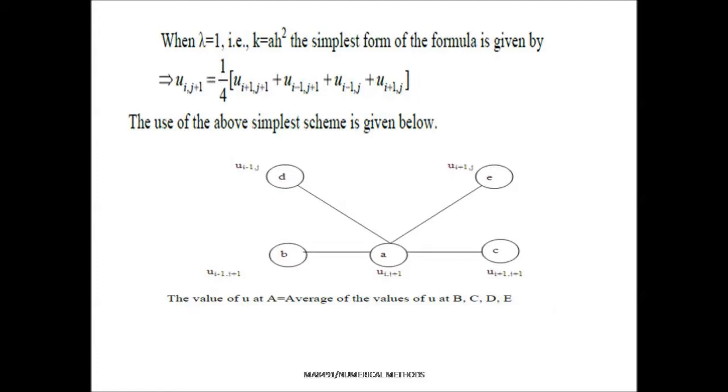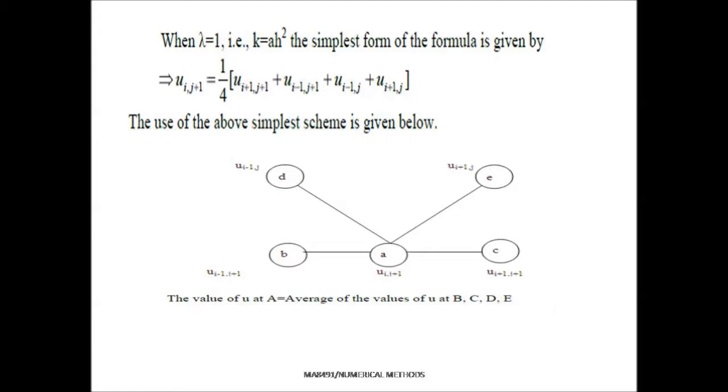So h is given and k we have found out, which is not given in the question. Therefore we are going to use case 1. Case 1 is very simple. We just have to find the center value using our 4 boundary points. The average of the 4 boundary points is our center value.